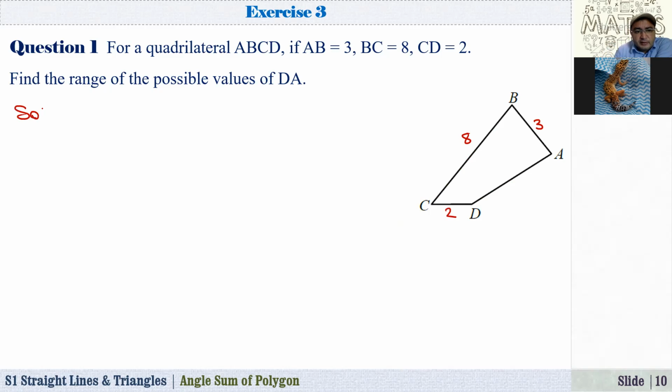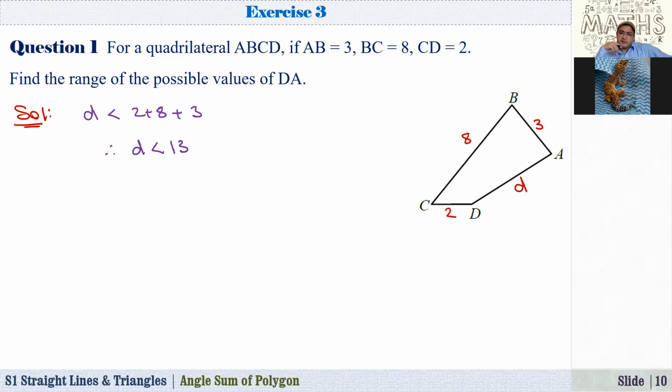So here, this AD, the fourth side, let's say its length is D. I know that D should be less than the sum of the remaining sides, that is 2 plus 8 plus 3. So what is D? D is less than 13.